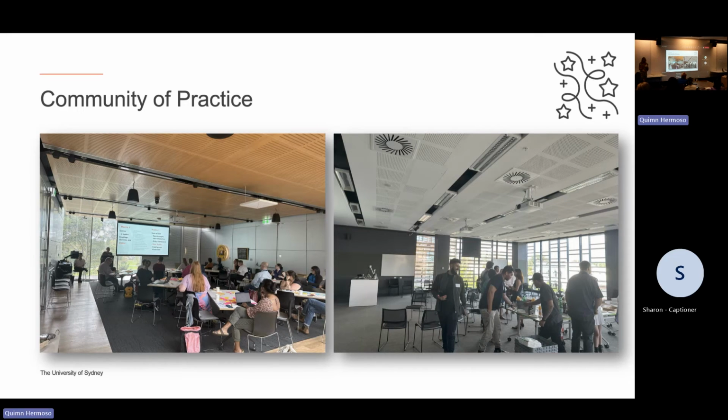But the community of practice is evolving this year as we're really trying to think about how we can make this a really effective community. So it's not just come along and sit and listen to the sage on the stage. Ella and Sam ran our first community of practice this semester with a different focus, where participants were asked to come along with a practice challenge that they're experiencing, and they brainstormed as they came into the room what their focus was.